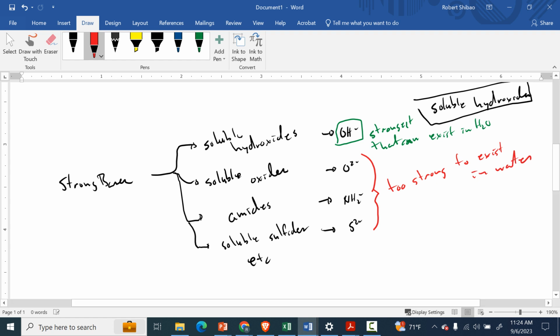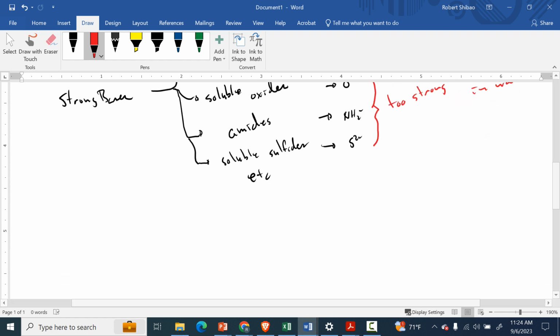And what happens with these bases that are too strong to exist in water is they hydrolyze completely. So strong bases are strong electrolytes.